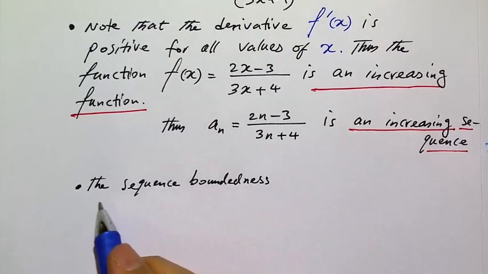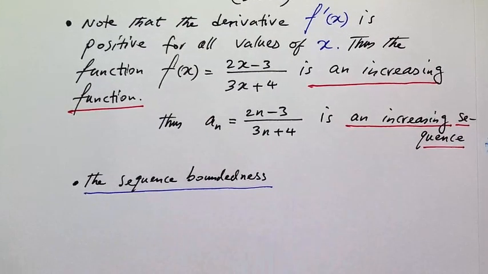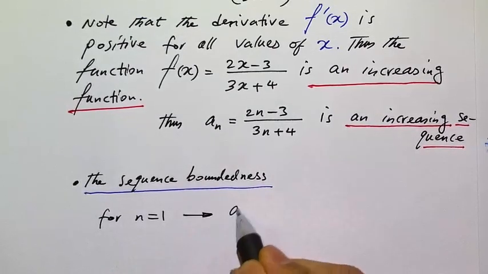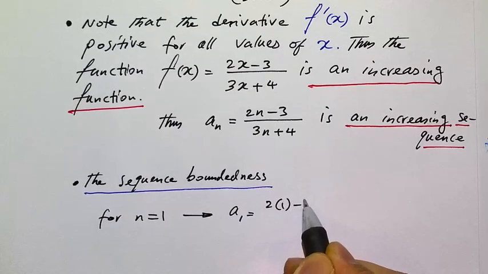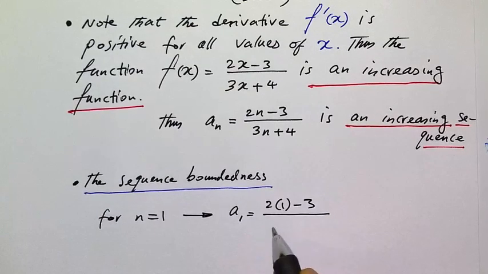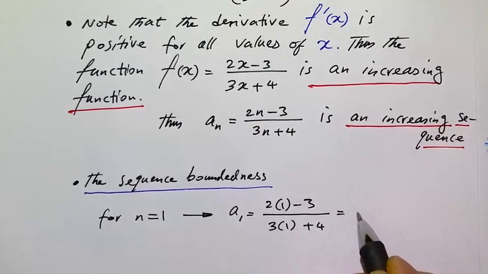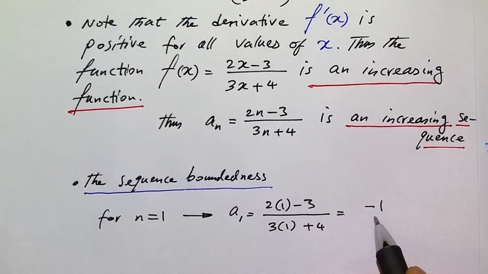Okay, so this is what we're investigating now. To do that, for n equals 1, what do we get? We get 2 times 1 minus 3 divided by 3 times 1 plus 4. So we get minus 1 over 7.